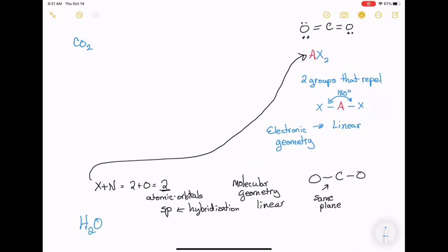So if we are looking at our CO2, carbon has an electronegativity of 2.5, oxygen an electronegativity of 3.5. What we observe is that there is no trend in one direction. So this is going to be a non-polar molecule.